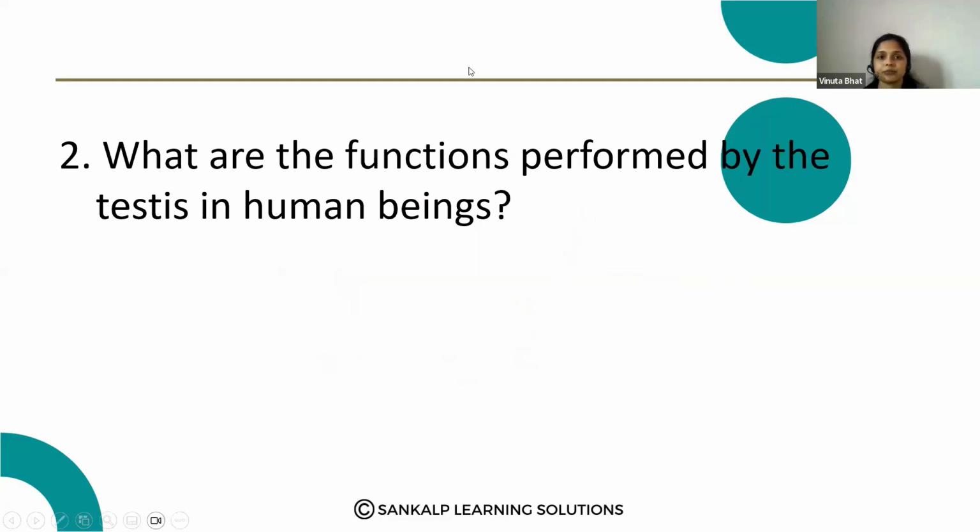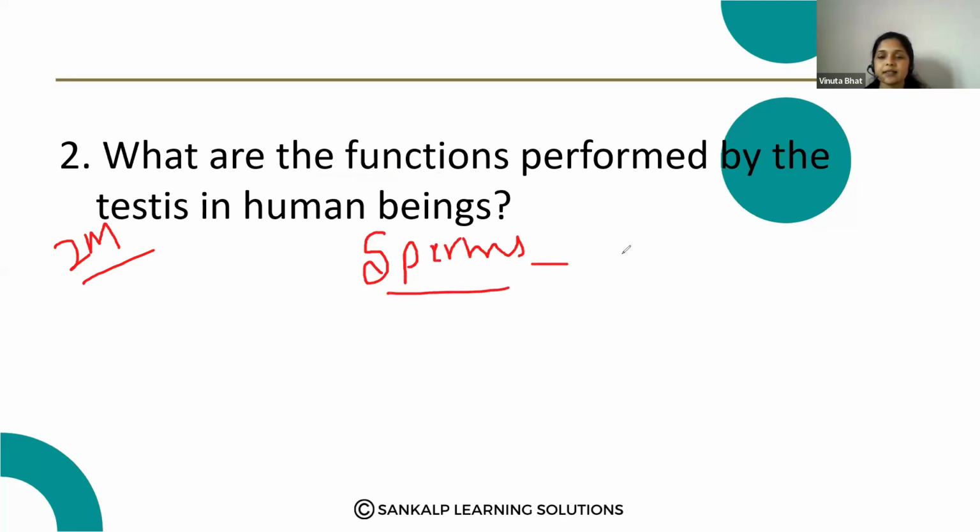Next question. What are the functions performed by the testes in human beings? That is also a 2 mark question. Here the testes regulate the production of the sperms, as well as they release the hormone that is called testosterone.